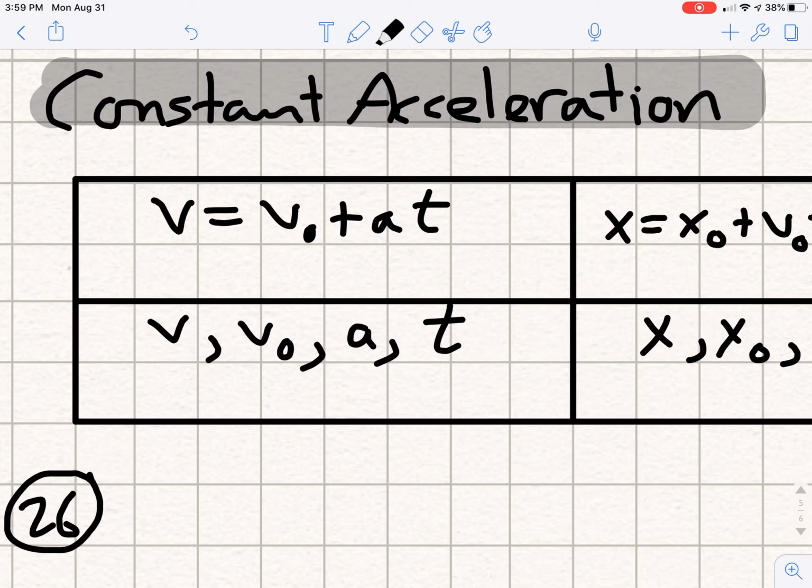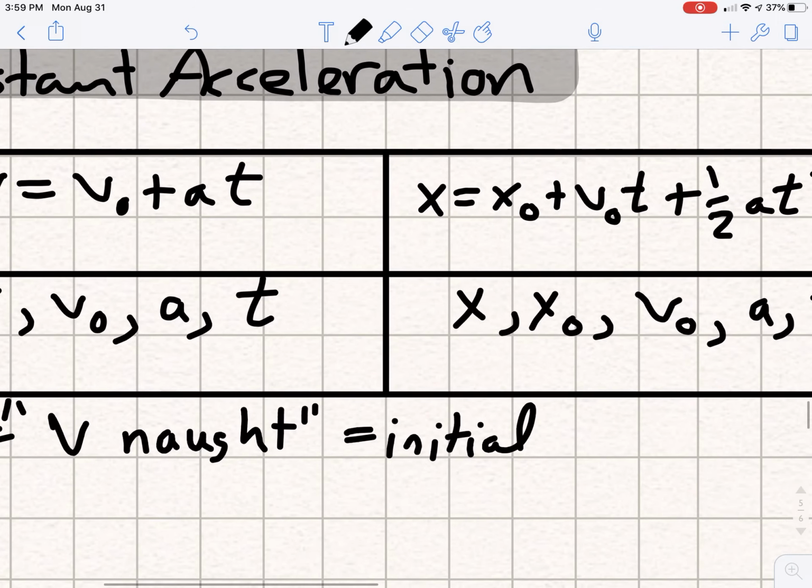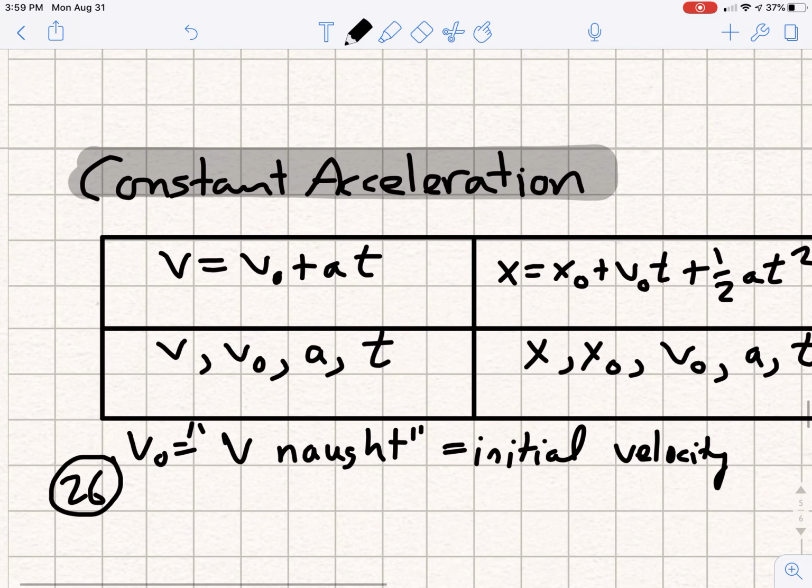When you see this symbol here, it is pronounced V naught, and it stands for the initial velocity. So instead of writing V initial, we're going to write V sub 0, pronounced V naught.